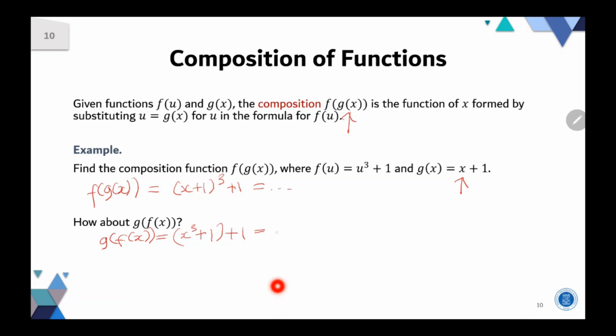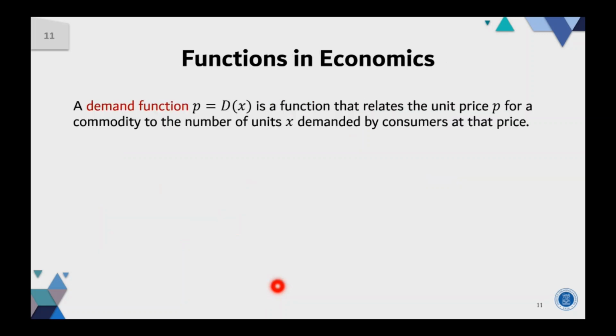Yeah, and then this is equal to x to the power of 3 plus 2. Okay, so is it the same as the one before? No, it's not the same. So that usually happens in general, that f(g(x)) and g(f(x)) are not the same function. Okay, so that's composition of functions.